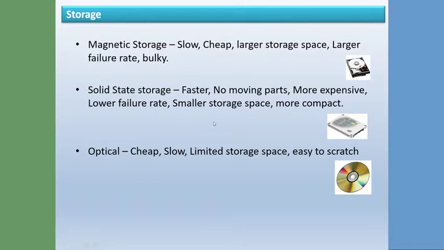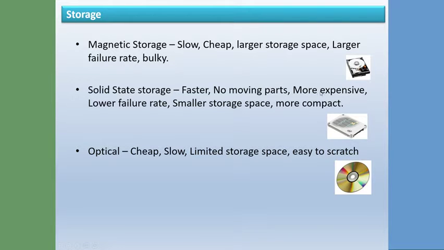Solid state storage is becoming a lot more common now. They're much faster. There's no moving parts, which means they are less likely to break down, and certainly less likely to be damaged. Say, for example, if you had an SSD in a laptop and you drop the laptop, the data on the disk would be okay, whereas with a magnetic disk, chances of it being corrupted are quite high. However, that does come at a price. They are much more expensive.